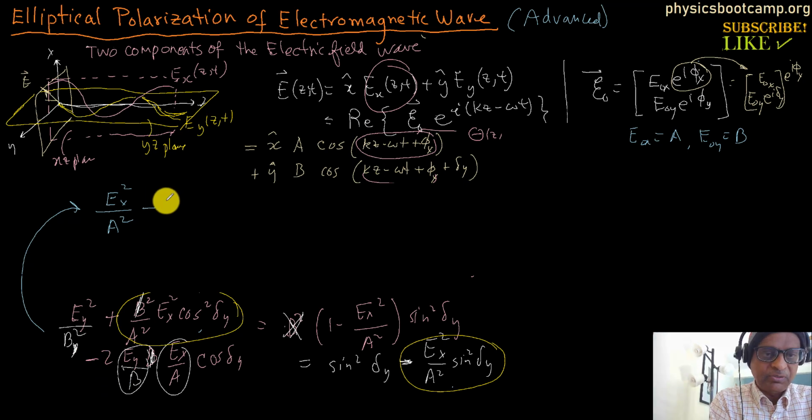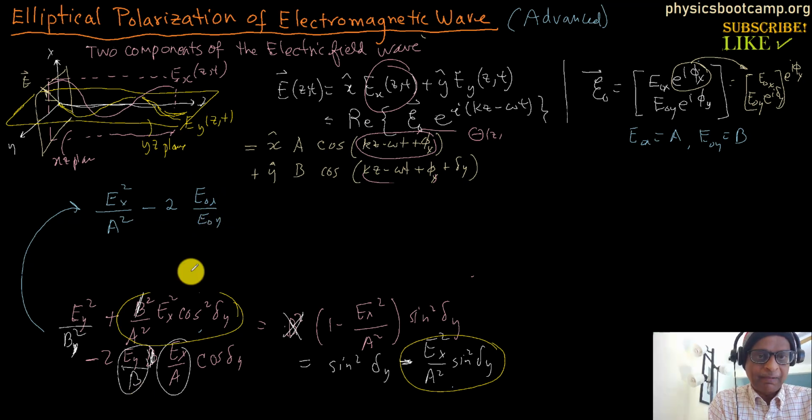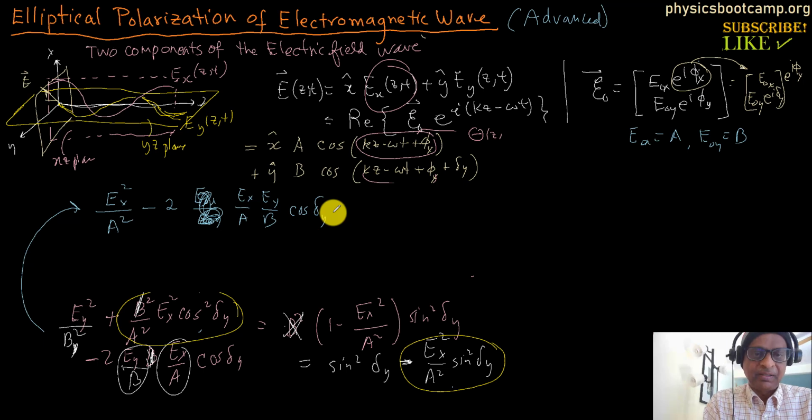And the cross term is 2 Ex Ey over E0x E0y, and you have a cosine delta y.